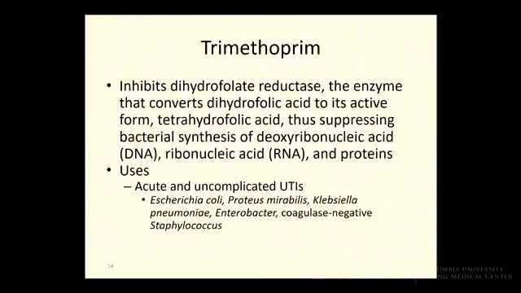And so the choice of treatment is going to really depend on that. Okay, so E. coli, Proteus mirabilis, Klebsiella pneumoniae, Enterobacter, coagulase negative staph. These are fairly common causes of UTI, and trimethoprim is very good at treating those.